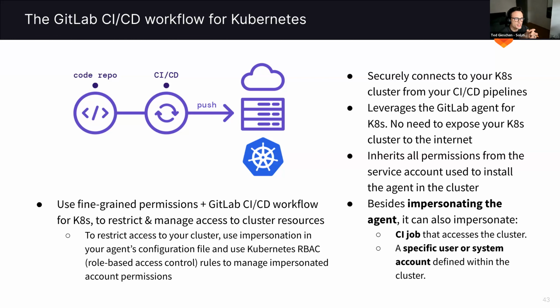Now, by default, the CI/CD tunnel inherits all the permissions from the service account used to install the agent. However, we can also leverage more fine-grained permissions in conjunction with the CI/CD tunnel to restrict and manage access to your clusters by, for example, impersonating the CI/CD jobs that access the cluster or specific users and service accounts.